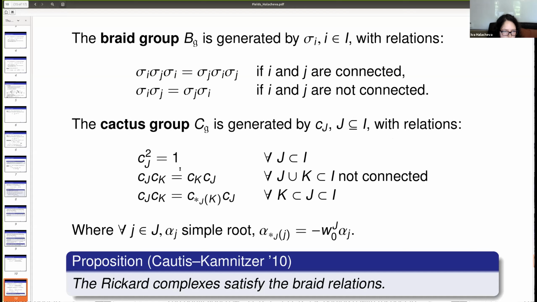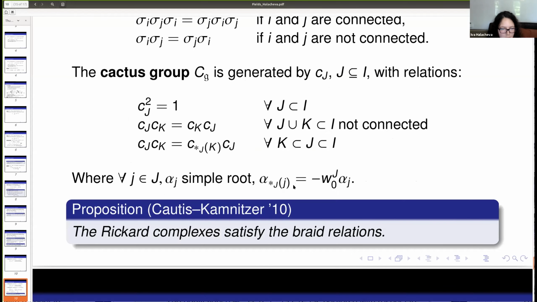In particular, each of these elements is an involution. I won't get into the details of what all the relations are, but it's very explicit. And in work of Cautis and Kamnitzer, we can see that the Rickard complexes satisfy the braid relations. And so they in particular give us a categorical braid group action.